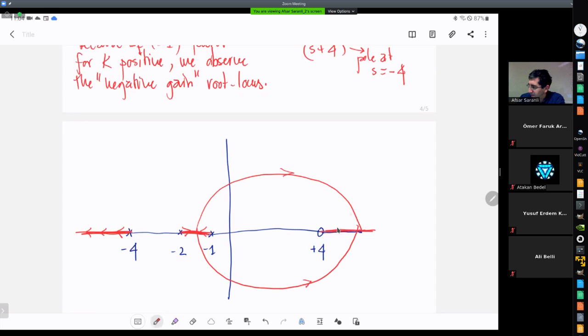Okay, and then that's going to be the kind of root locus that we will have. So two effects that we have. One is that we introduce a stable pole and an unstable zero. And also we switch from the positive gain root locus to the negative gain root locus. Okay?